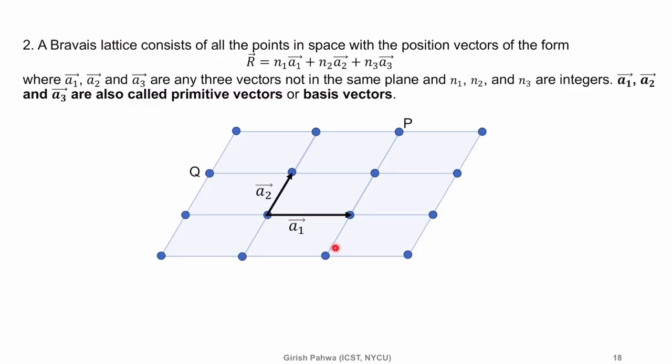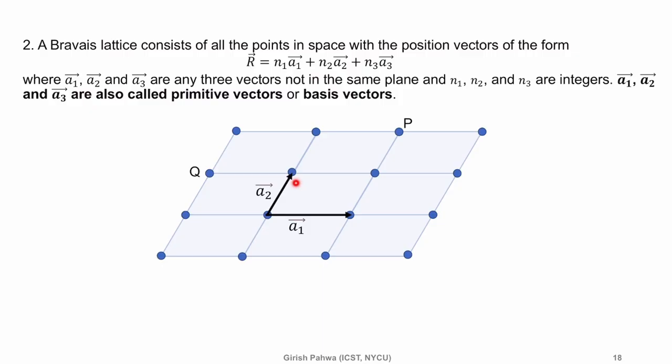So in this arrangement of atoms, a1 and a2 are primitive vectors. Now if I take any point in this, I can simply express the position vector of that point in the form of a1 and a2.